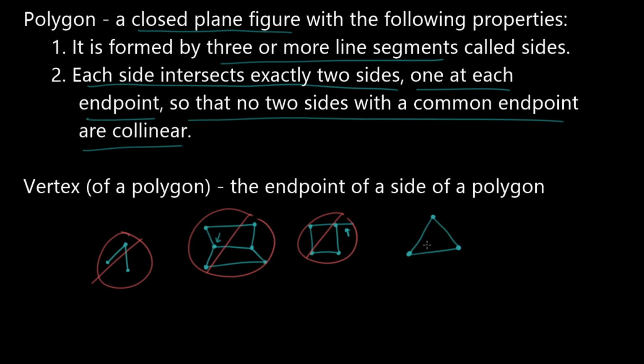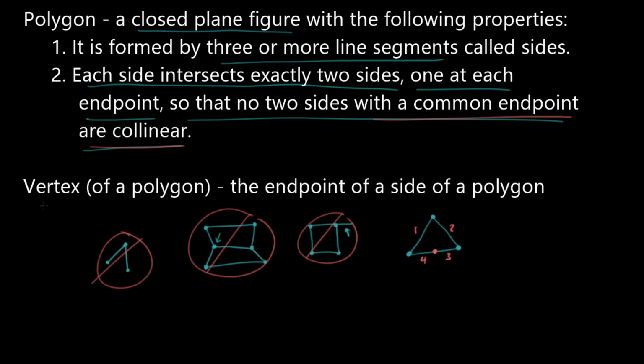I think most people would obviously look at this and say that there are only three sides, but what this last part is emphasizing is, what if I added another point right here, and I wanted to make the argument that this actually has 1, 2, 3, 4 sides? How I avoid this situation is by saying that no two sides with a common endpoint are collinear, specifically when they have a common endpoint. And so this makes sure that this is just a three-sided shape.